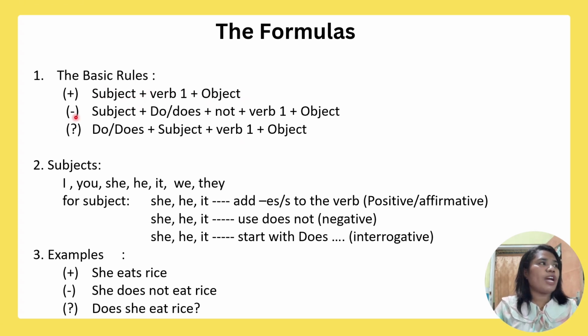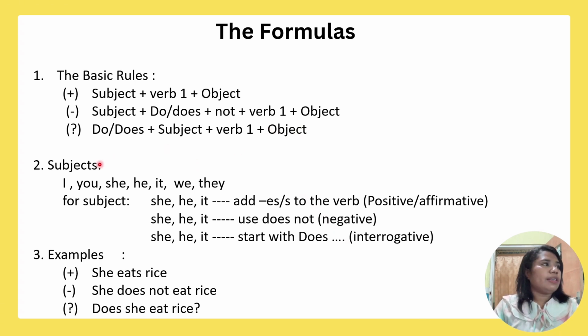To construct the negative sentence, subject plus do or does plus not plus verb 1 plus object. And for the interrogative sentence, do or does plus subject plus verb 1 plus object.